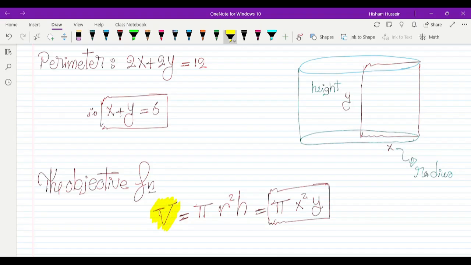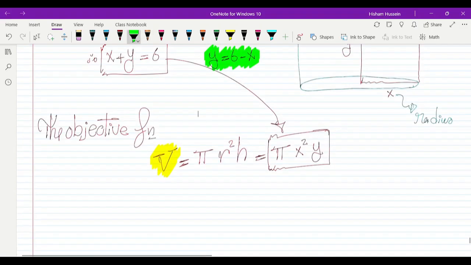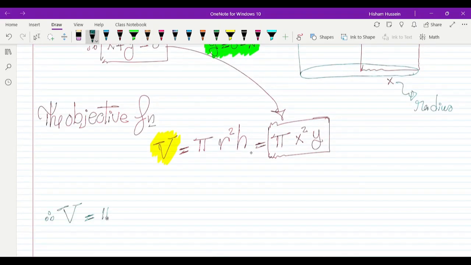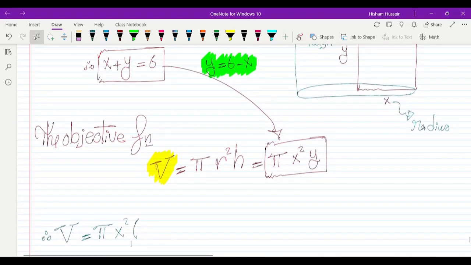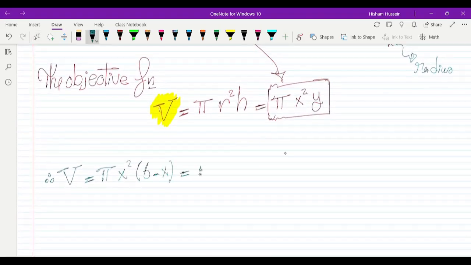So I think it's proper to replace y. Substitute y with 6 minus x. So the objective function now will be pi x squared times (6 minus x), or in other form, pi times (6x squared minus x to the power 3).